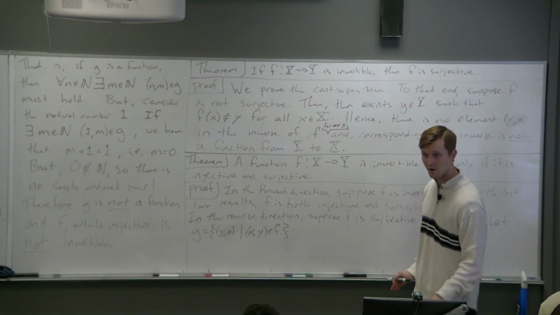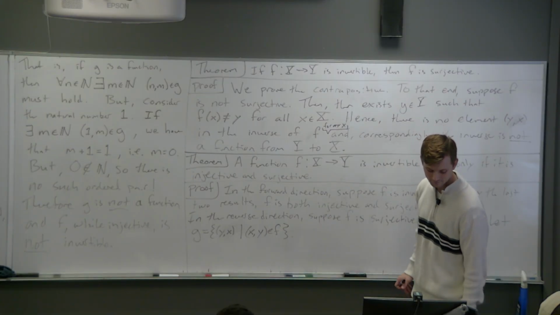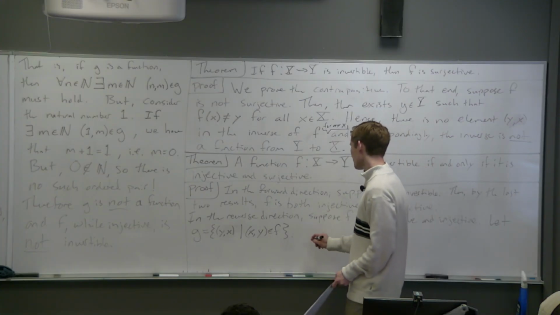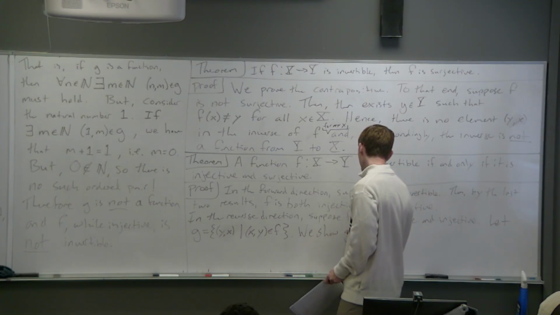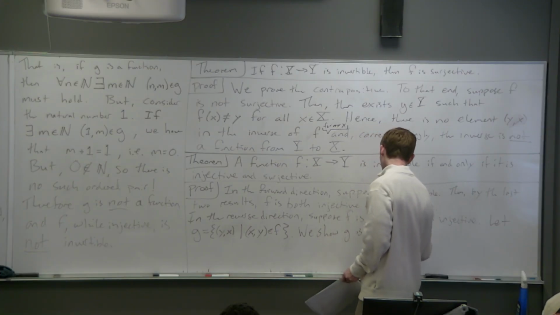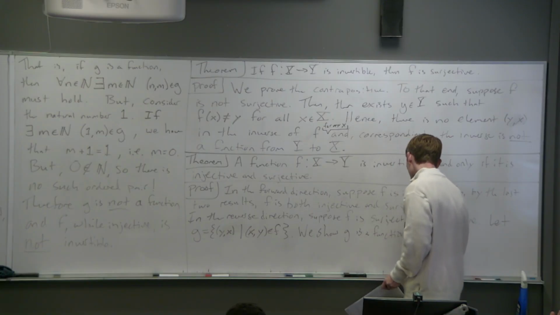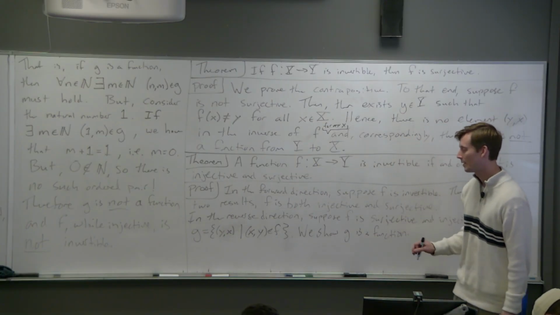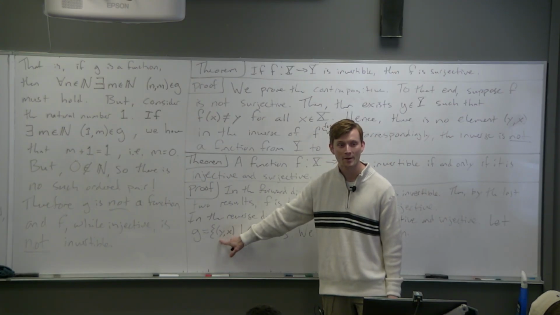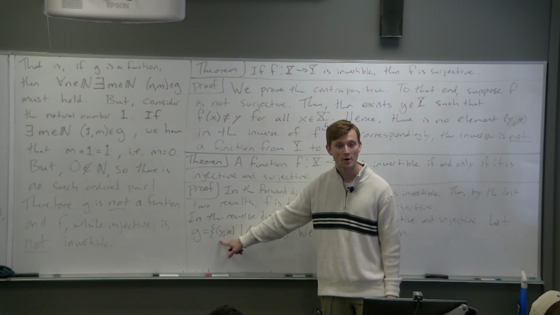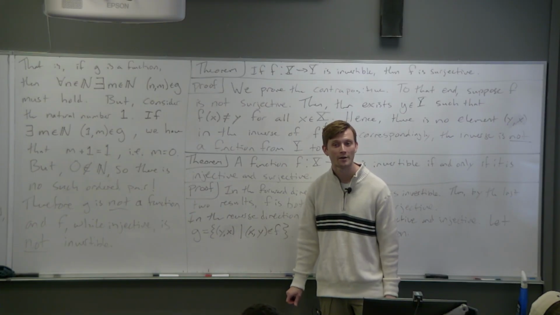Now, we show g is a function. That's what we're going to do. For this to be a function, every y in Y has to appear as the first element of some ordered pair. And indeed, every y in Y must appear as the first element of but one ordered pair.